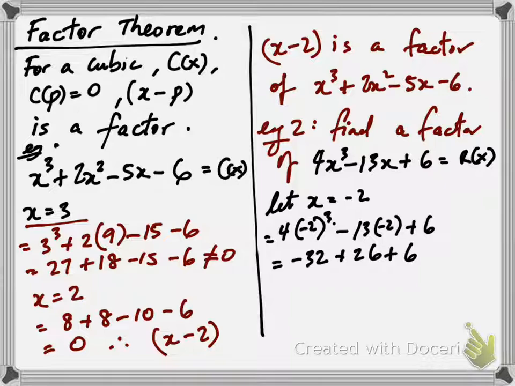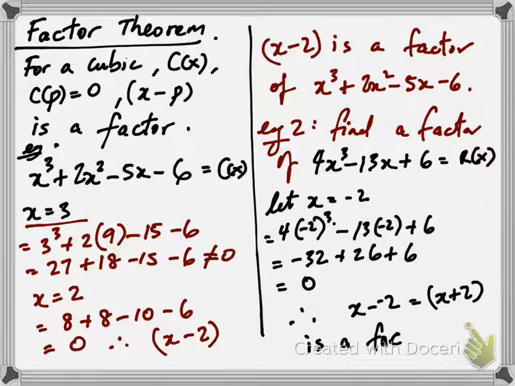So this will give you 0. Therefore, x minus negative 2 is a factor, which would make it x plus 2 is a factor. Okay, cool.